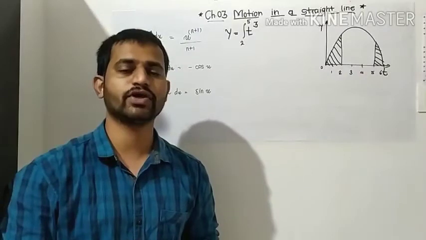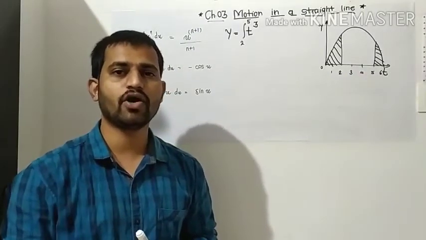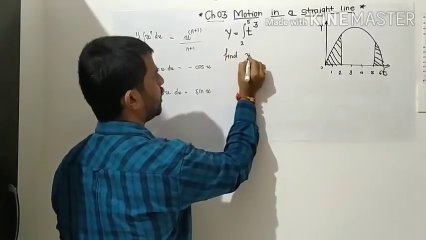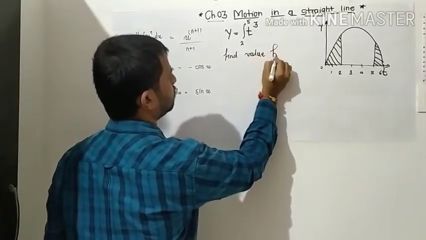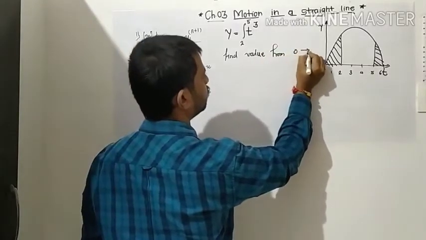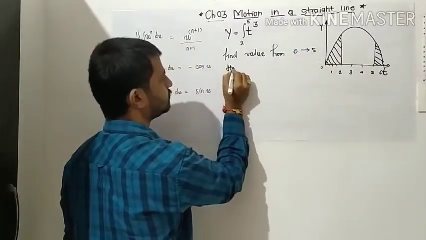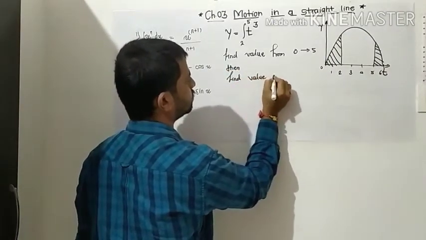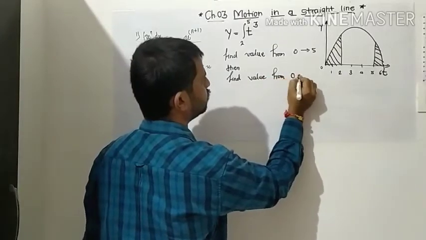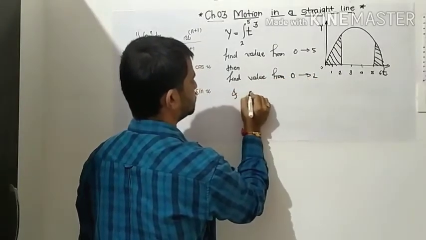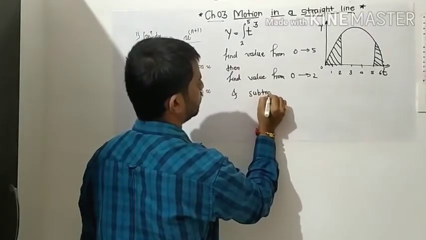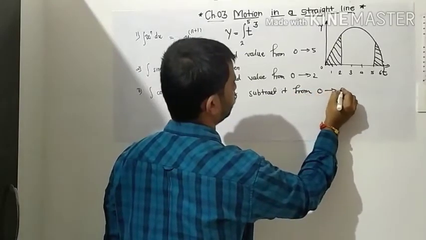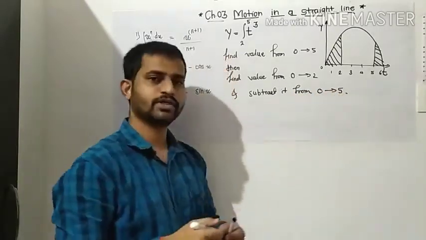So in that case, we first find the value from 0 to 5, then find the value from 0 to 2 and subtract it from the value from 0 to 5.